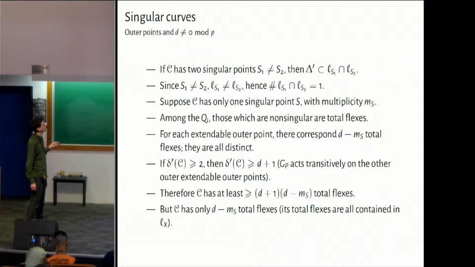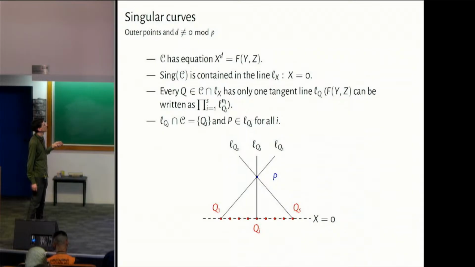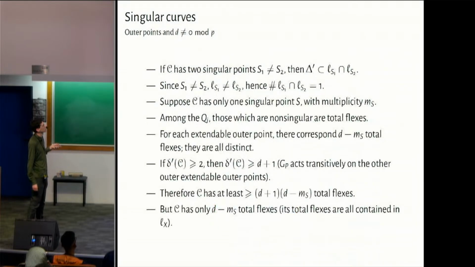And then the line x equals 0 intersects the curve in d minus ms non-singular points. So we have d minus ms total flexes. And this occurs for every extendable outer Galois point.